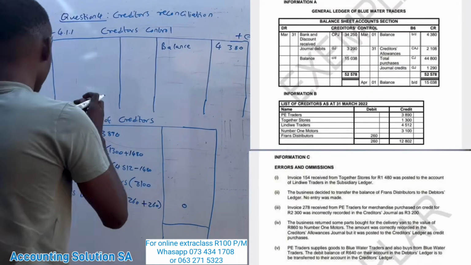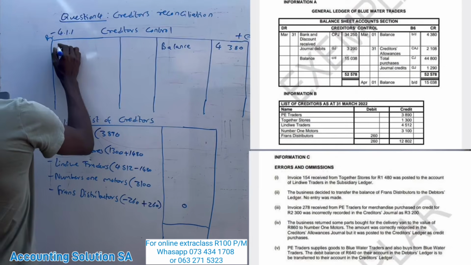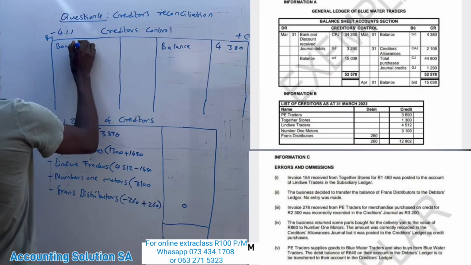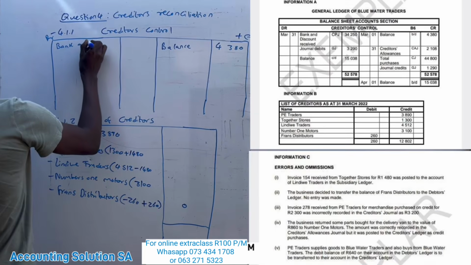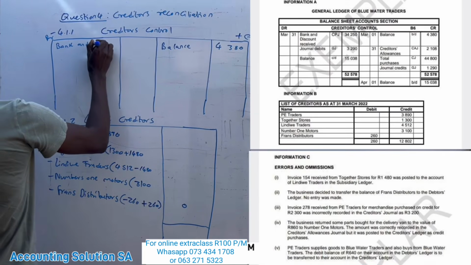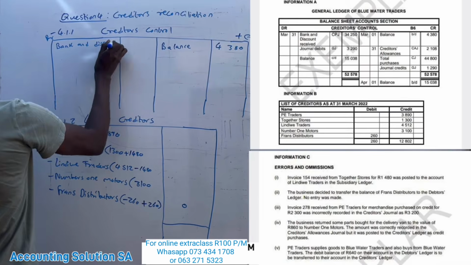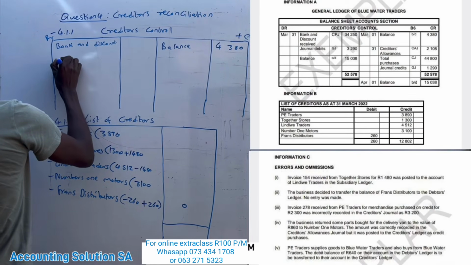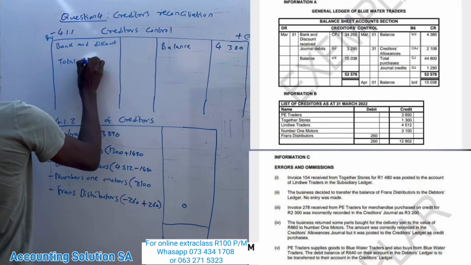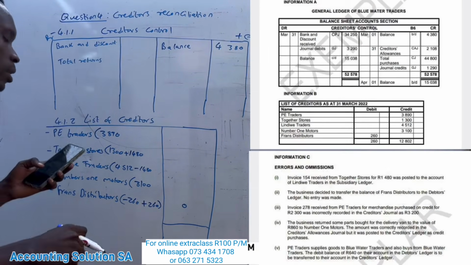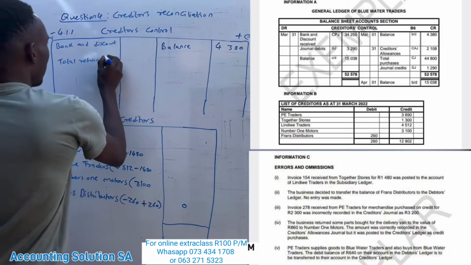Okay, let me copy this format here quickly so that we can explain it together with this transaction. Bank and discount, and the other one total returns. This one you can also call the creditors allowance journal.